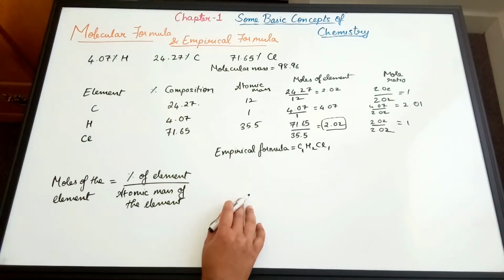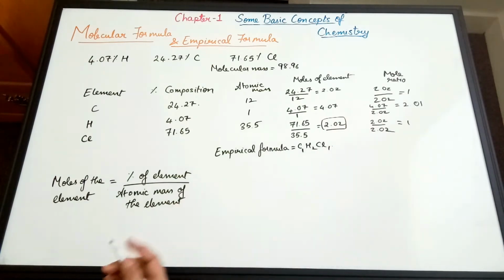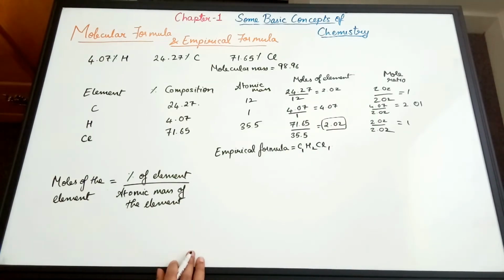Now sometimes what will happen is the values might not be whole. Here 2.01 was the value for hydrogen, and we could easily round it off to 2. There might be cases where you might not get it in such a way. In that case, we need to multiply by the same number. All the 3 will be multiplied with the same number for us to get them in terms of whole numbers.